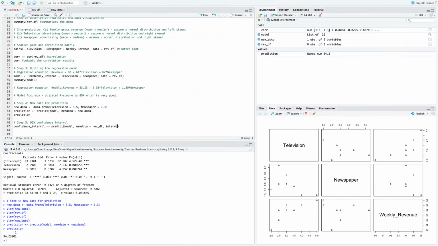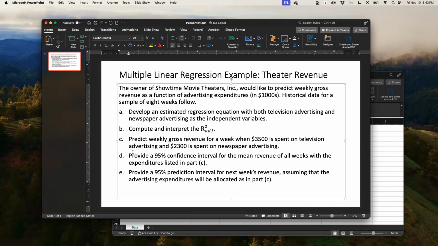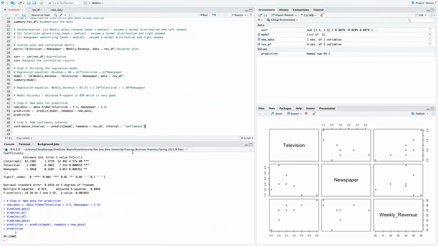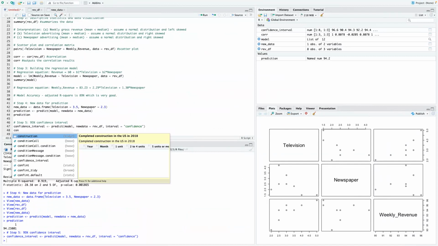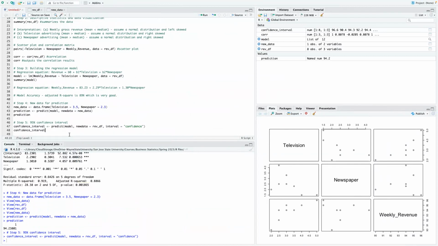We have another sub function that says interval, and we would call it confidence. So let's see. Confidence intervals.